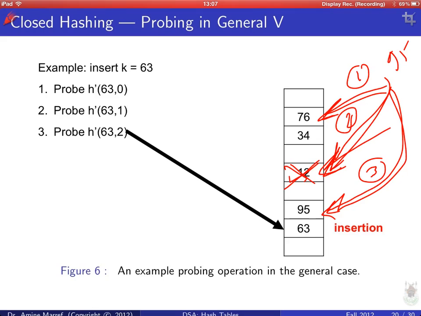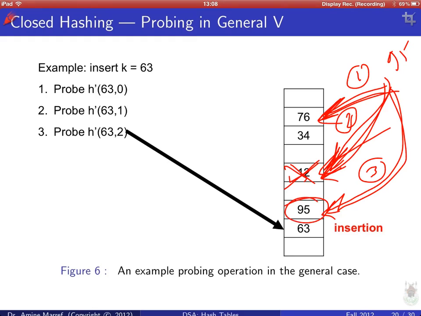For lookup, I go to the slot where the hash function sends me, and if it's occupied, I keep moving through the probing sequence until I find either an empty slot or a ghost slot.